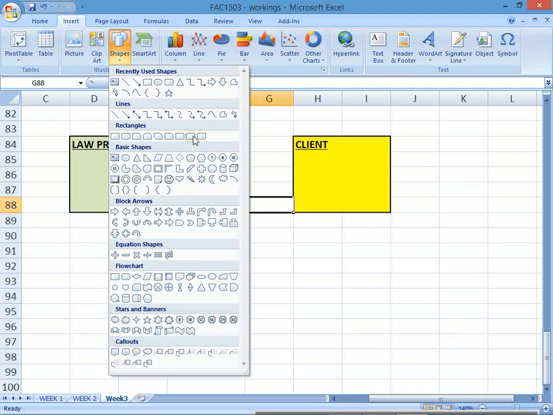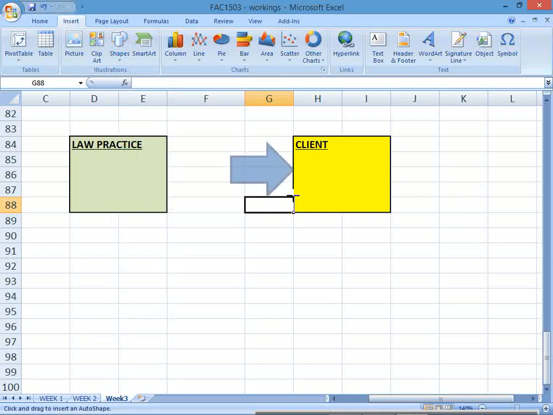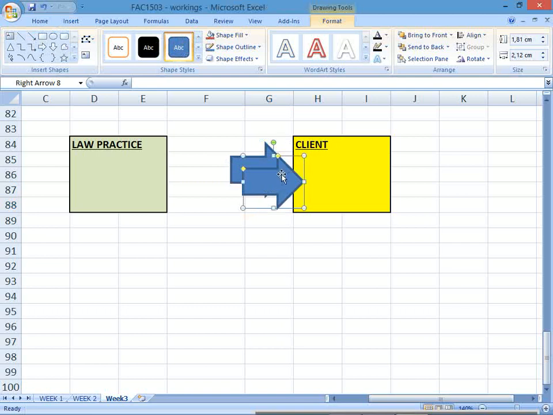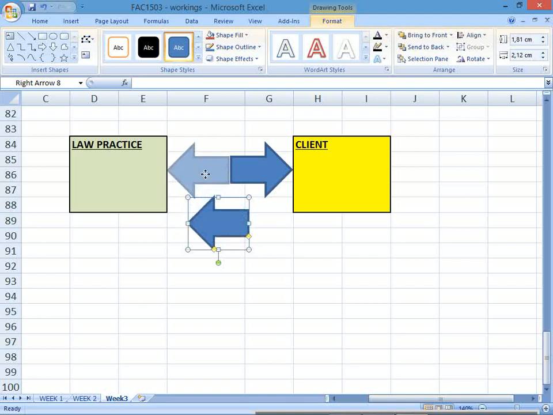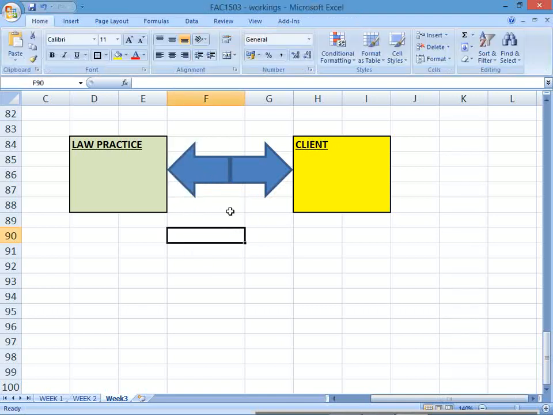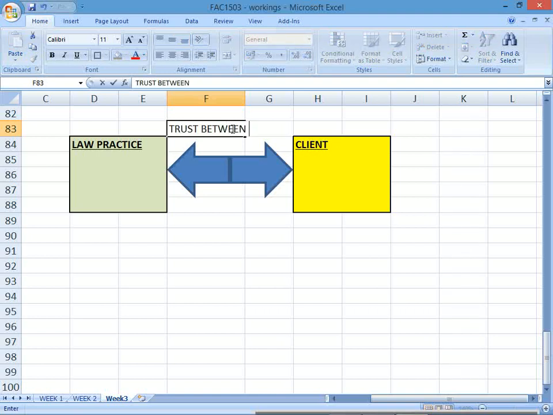There should be. Okay, there should be. Right, so trust between parties.